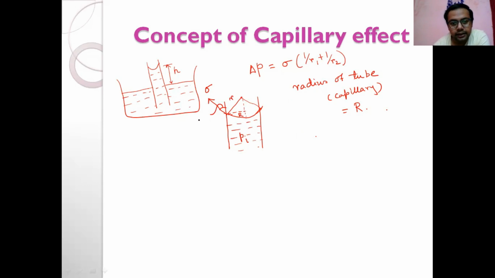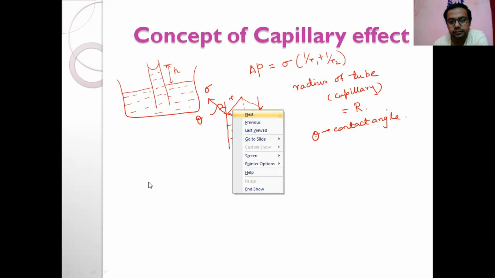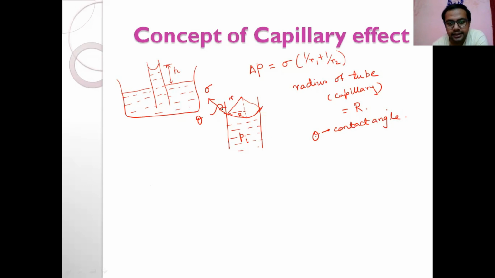This angle is theta, which is nothing but the contact angle. As this angle is theta, so this is also theta. As this angle is theta, the perpendicular of this line is this one. This curvature line is perpendicular to the surface tension, and in a similar way the horizontal perpendicular.